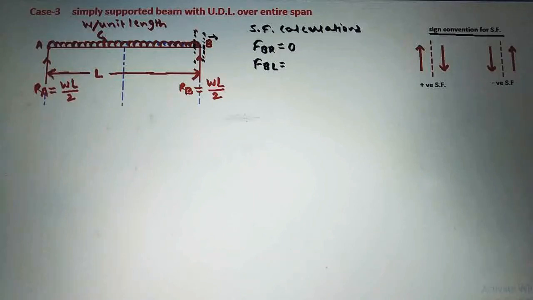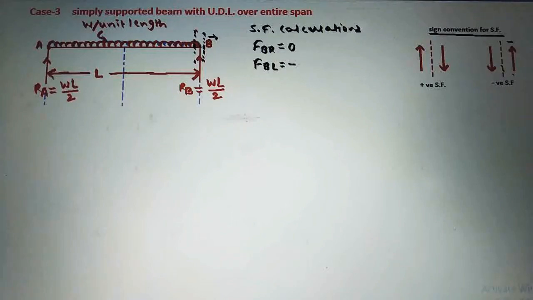Now see on the right side, only reaction RB is there on the right side of this section, and this reaction RB is acting in upward direction. So right side of a section, if the load is acting in upward direction, then according to the sign convention for shear force, that force will be negative.